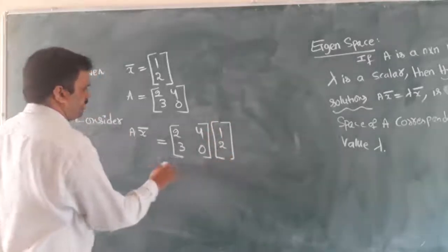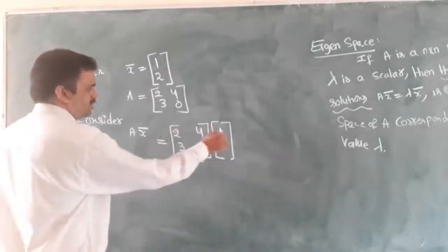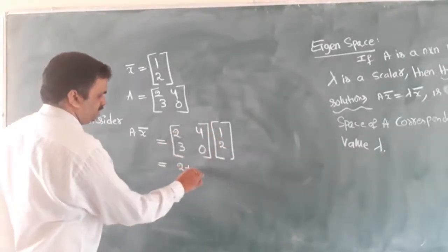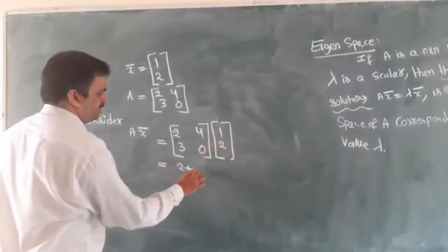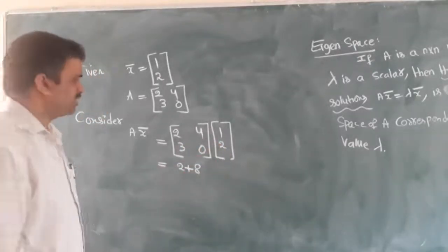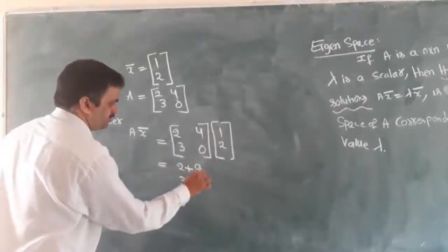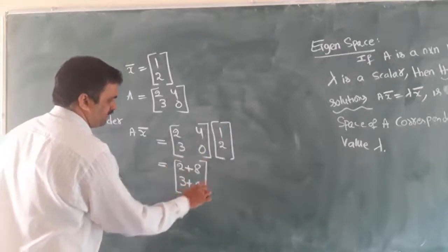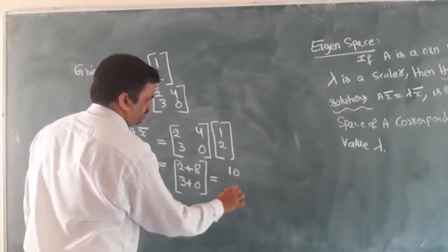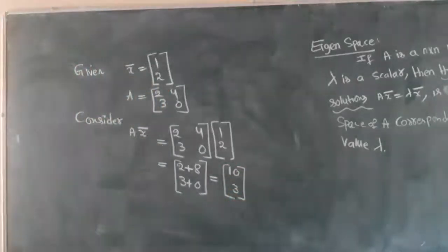Product of two matrices: 2 times 1 is 2 plus 4 times 2 is 8. First row and first column is over. Now second row: 3 times 1 is 3 plus 0 times 2 is 0. So we get [10; 3].